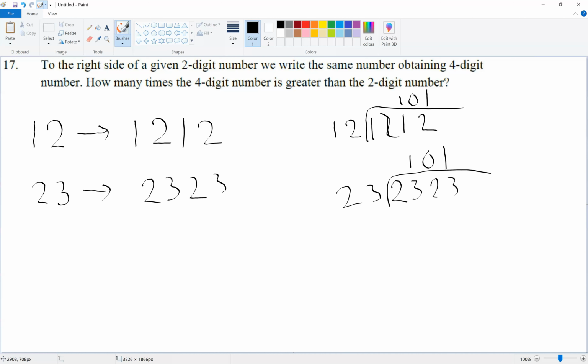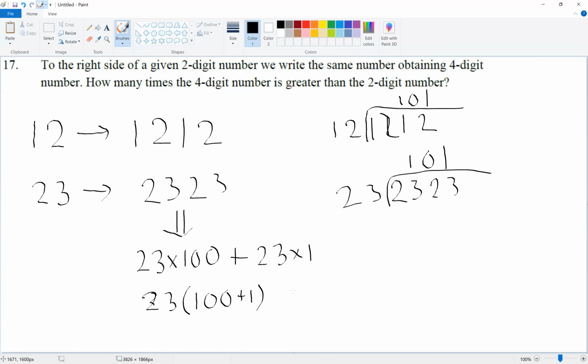And the reason is, when you write the number twice, it becomes 2300 plus 23. And if I take 23 out, this becomes 100 plus 1, which is 23 times 101. And that happens no matter what the number is. So it's always going to be 101 times.